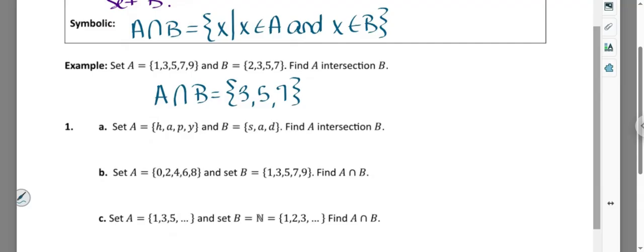So what about under number 1, A and B? Find the intersection.